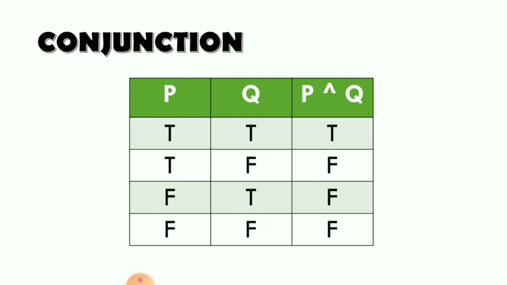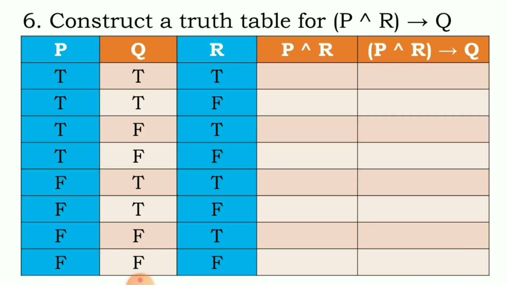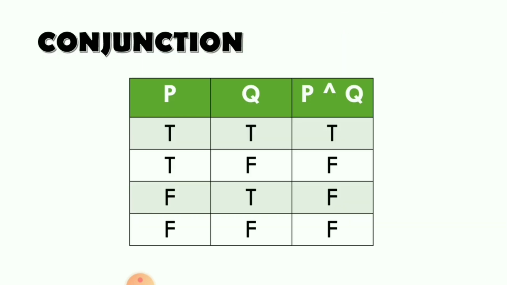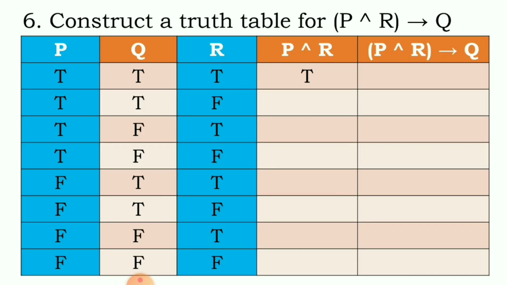So we'll only be needing the truth values under P and under R. Under conjunction, it will only be true if both the propositions are true.